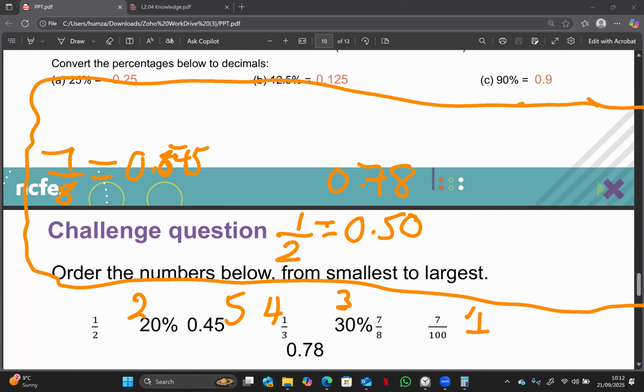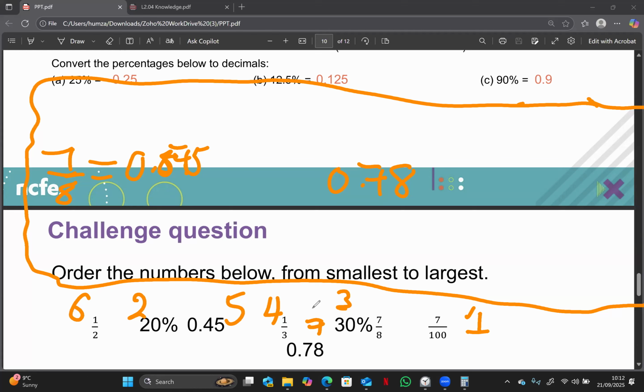What's the seventh one? Out of them two, what's smaller, 0.875 or 0.78? 0.78. Yes, exactly. So that's the seventh one.